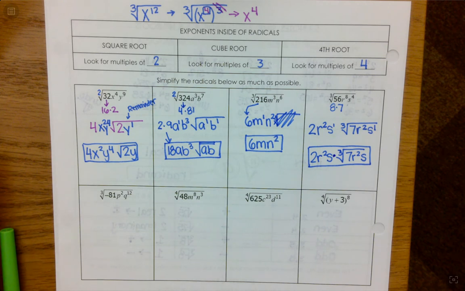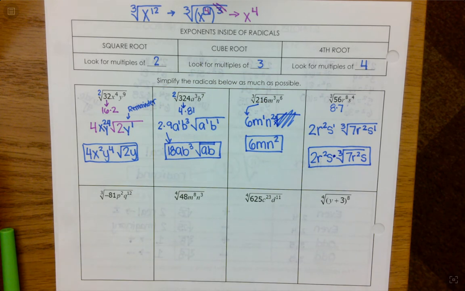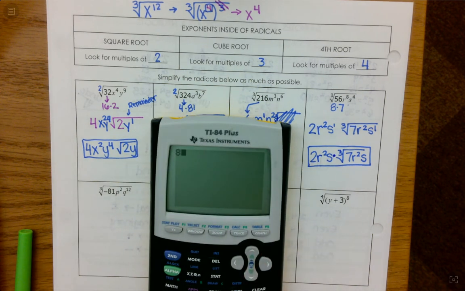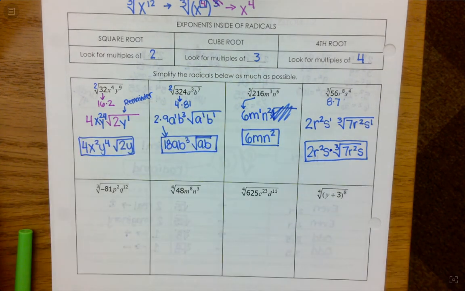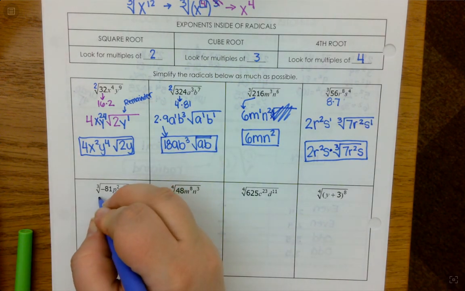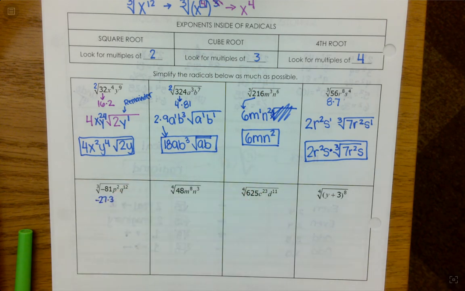Okay, I'm going to zoom through this next one a little quicker. 81 is on our perfect squares. 81 is not on our perfect cubes list. So 81 divided by 8, nope. 81 divided by 27, yes. Again, these are off of our perfect cubes list on the front page. Okay, negative 27 times 3.